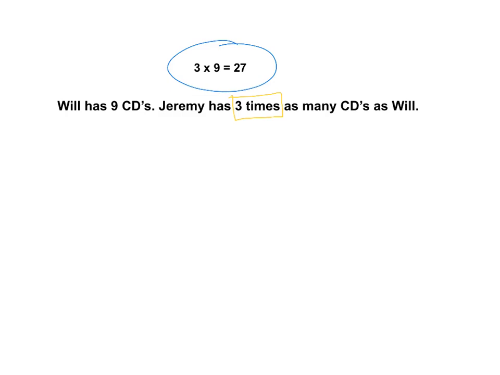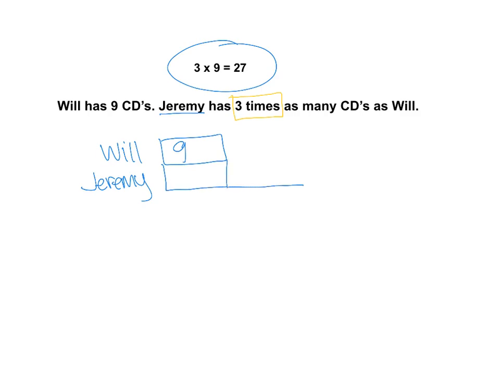So let's see, Will has 9 CDs. So this is Will, and he has 9. But Jeremy has 3 times as many. So he has 3 times this. 1, 2, 3.